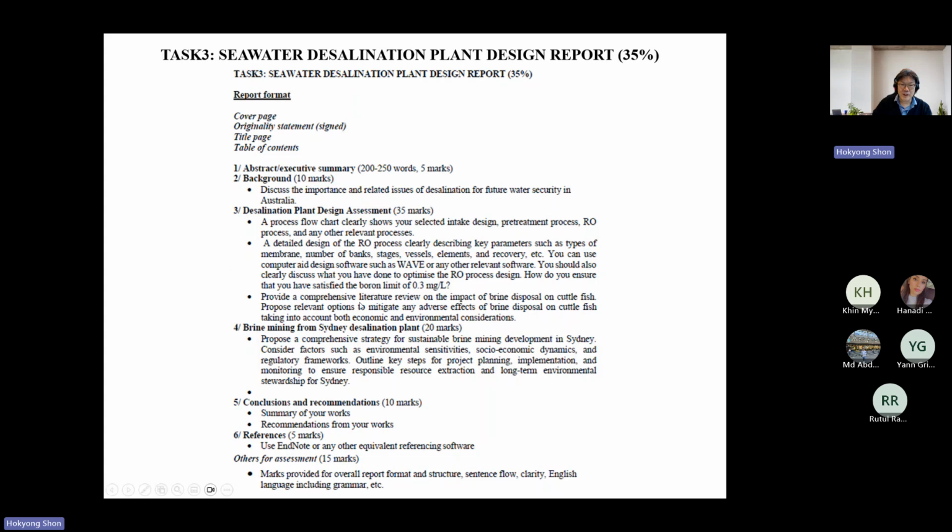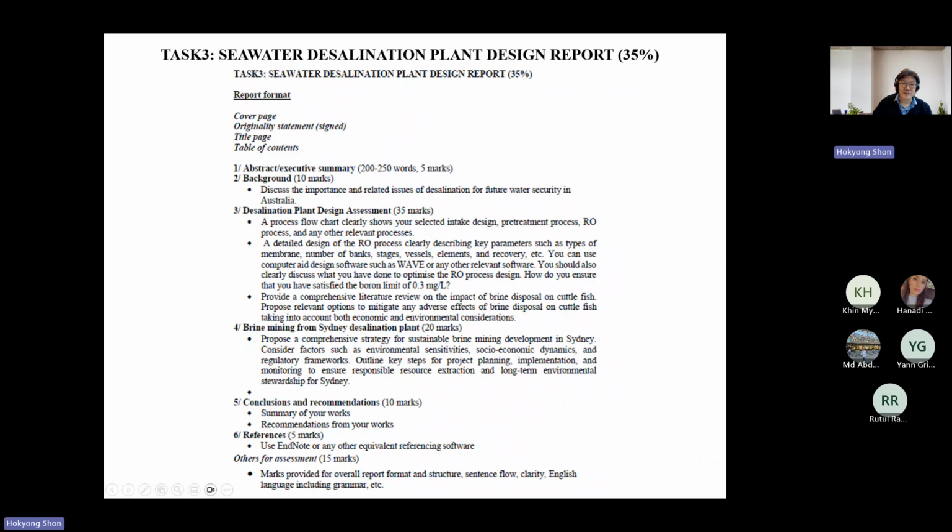Also, you need to design for 250 million liters per day, with the process flow and detailed design of the RO process. Also, provide a comprehensive literature review of the impact of brine disposal.